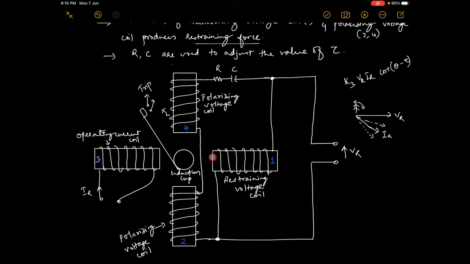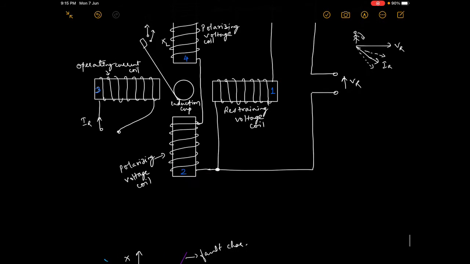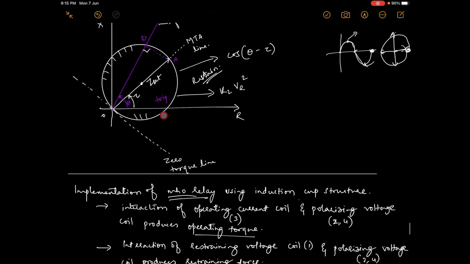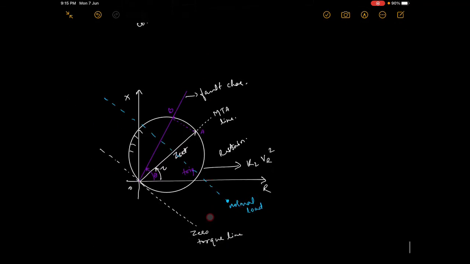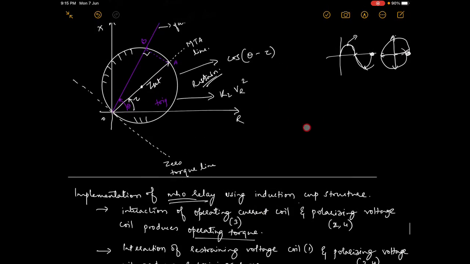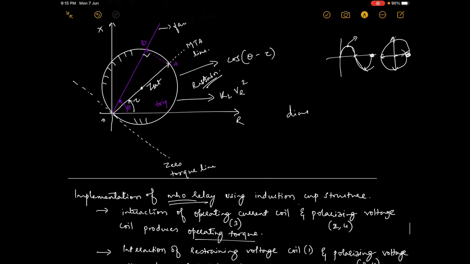To have a force, you should have a difference in fluxes. Also note that the diameter of the circle is equal to ZZ. I didn't write it here, so I just remind you.